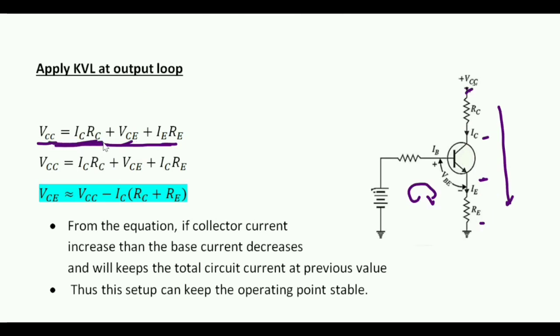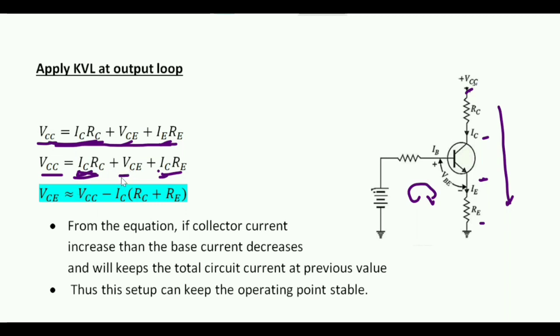If we simplify this equation, then we will get VCC is equal to IC RC plus VCE plus IC RE. We have replaced IE with IC because we have seen earlier that IE is approximately equal to IC. We can take IC as common in these two terms.